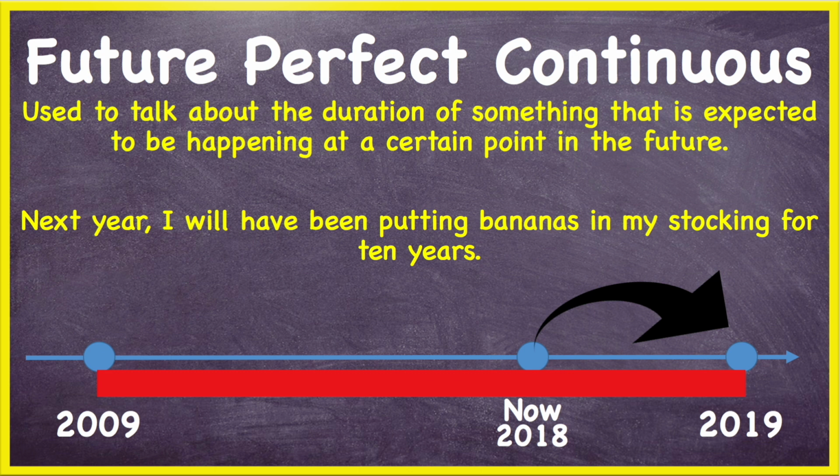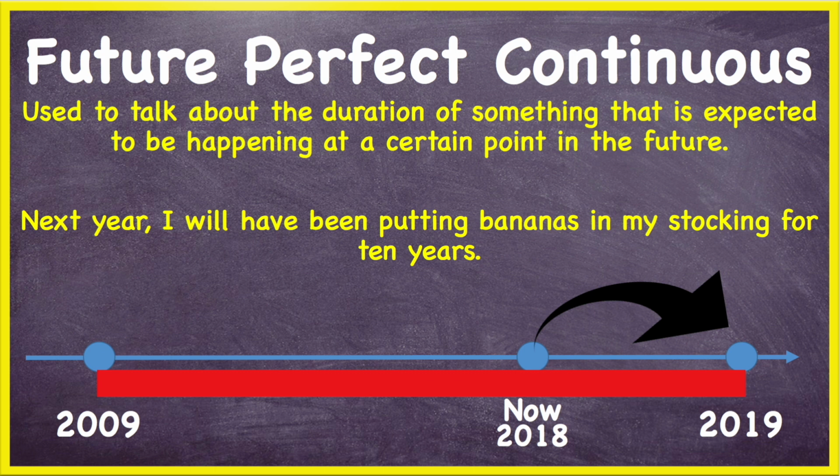Next year, I will have been putting bananas in my stocking for 10 years. Right now, it's 2018, and I have been putting bananas in my stockings for 9 years. But next year, I will have been putting bananas in my stocking for 10 years because I started in 2009.